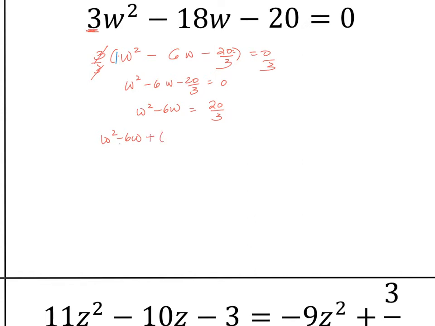Now notice that this is negative 6. So I'm going to take negative 6 divided by 2, which is negative 3. I'm going to square that. Now even though this is negative, it's still going to produce a positive 9. So when I write the binomial squared, I will have to do w minus 3 squared.